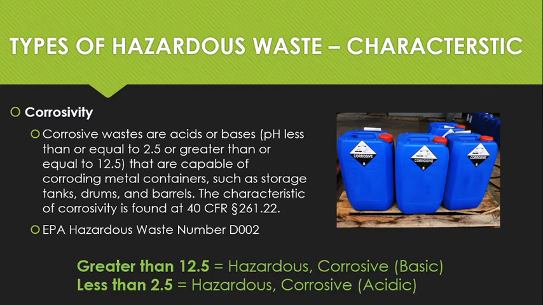It's corrosive. It's basic. Less than 2.5, it's hazardous. It's corrosive. It's acidic. So it would carry that D002 code, which these codes are all just indicators to the disposal facility, both on the profile and the manifest, that once it gets into their hands, they can immediately look at that code and say, oh, D002, that's corrosive.